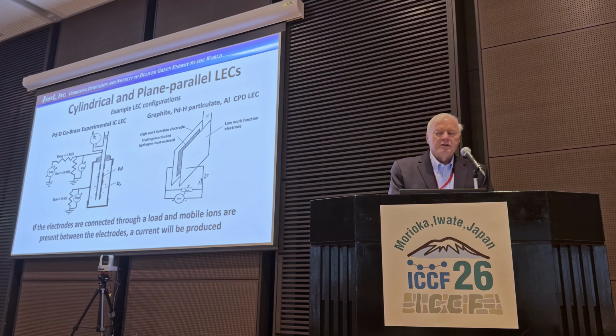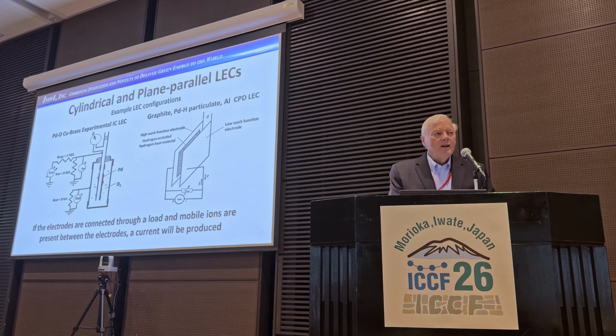So we reduced the voltage a little more, and the coefficient of performance went up. You eventually get to the point where you say, well, let's just turn off the current supply. We did, and we still continued to get voltage and current. So that was the realization that, by God, this may be real.